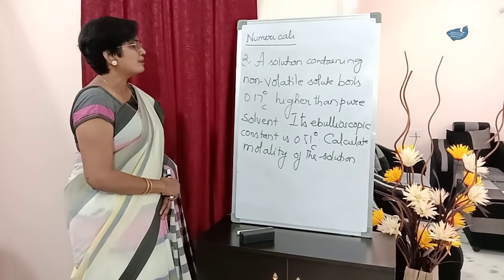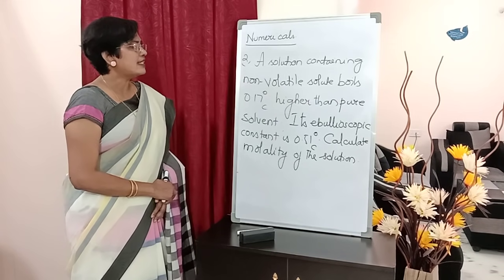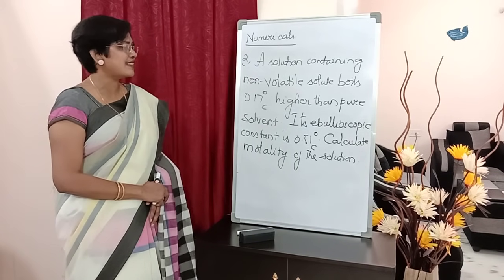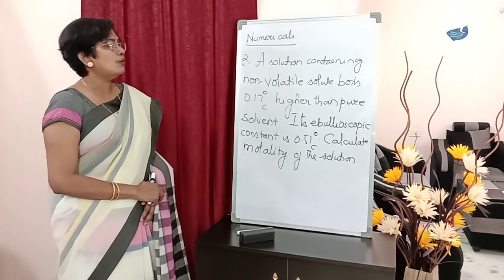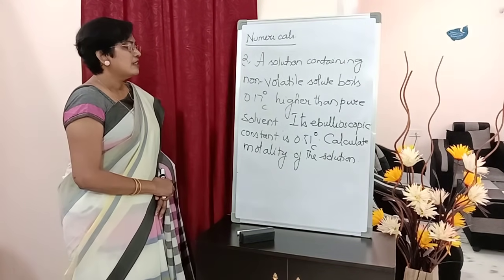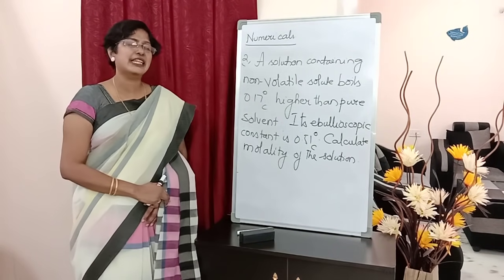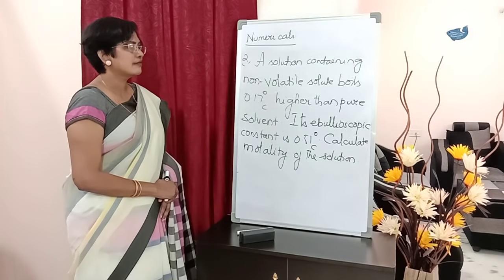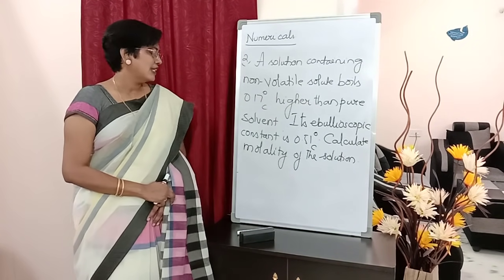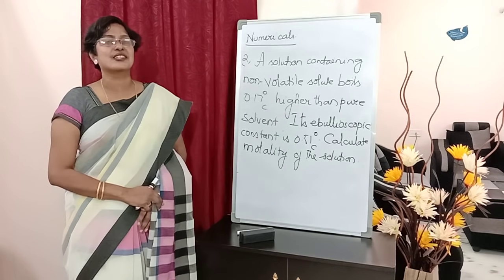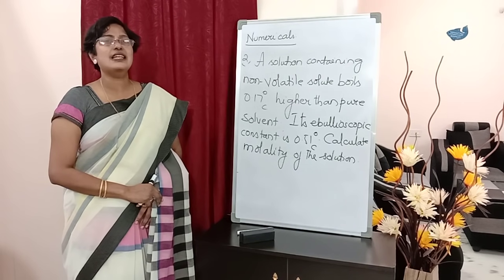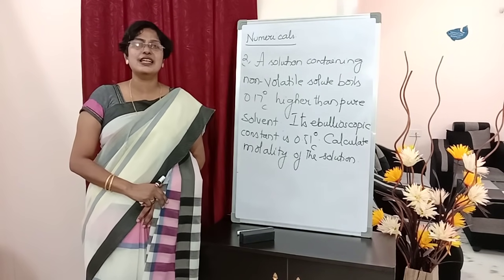Full stop. Its ebullioscopic constant. Don't make spelling mistakes, students, please. EBULLIOSCOPIC. Its ebullioscopic constant is 0.51 degrees centigrade. Full stop. Calculate molality of the solution. A very easy and a direct numerical, students.